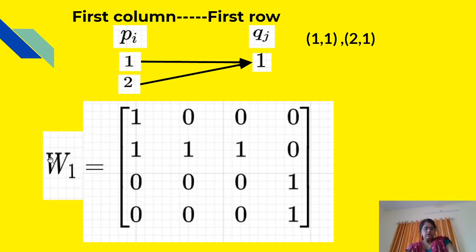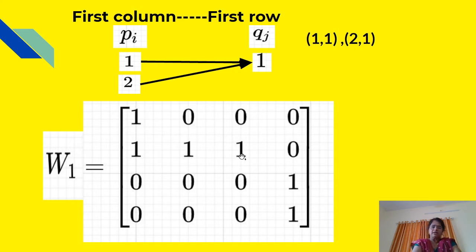Now, when we will write W2, at that time all these 1s will be repeated as it is in the same position. Now we will consider the second column and second row. In the second column there are 1s in the second position, and in the second row there are 1s in the first, second and third position.